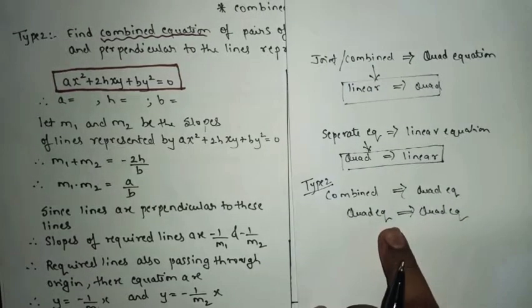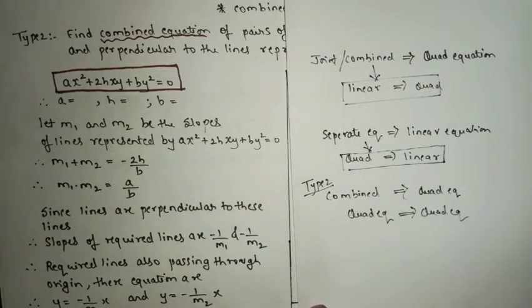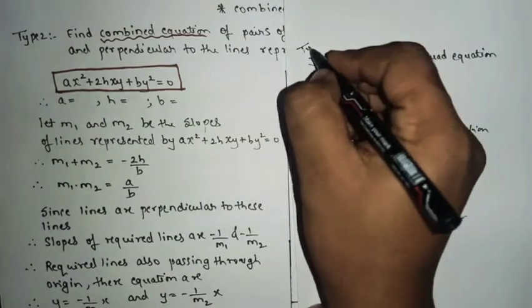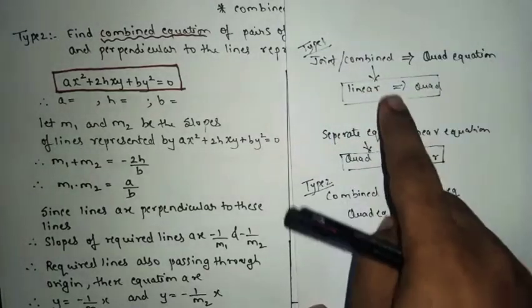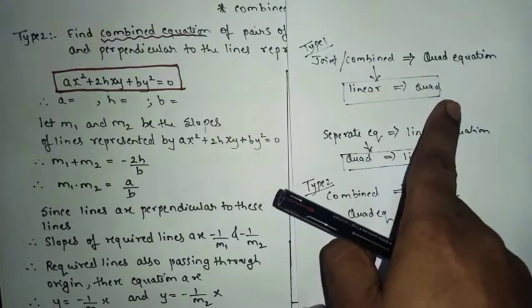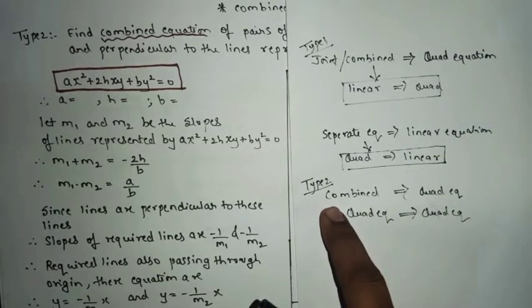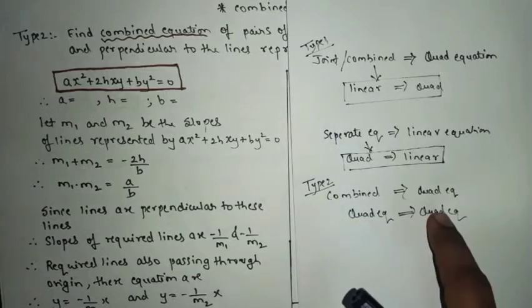So we'll remember this type as quadratic into quadratic. Got the point? Type number 1 was linear to quadratic. Type number 2 you will remember as quadratic to quadratic.